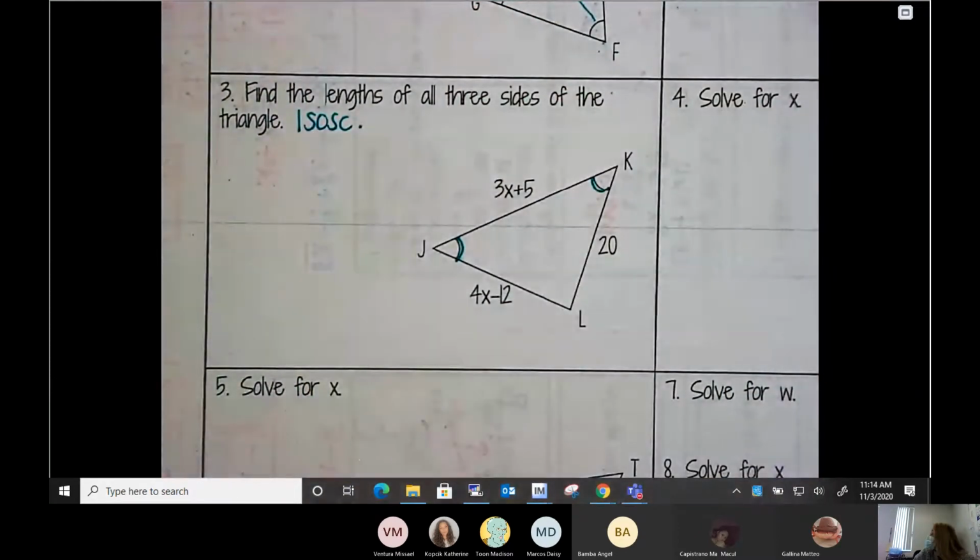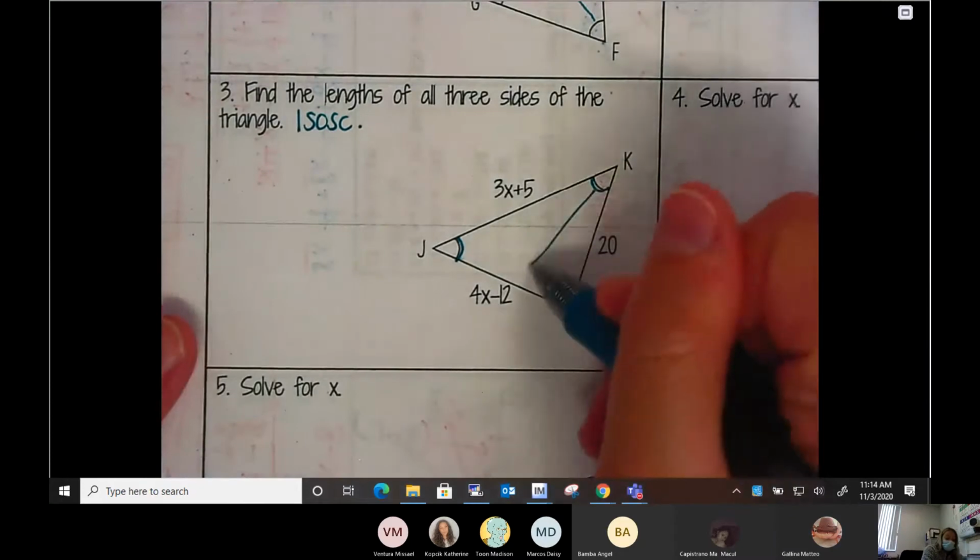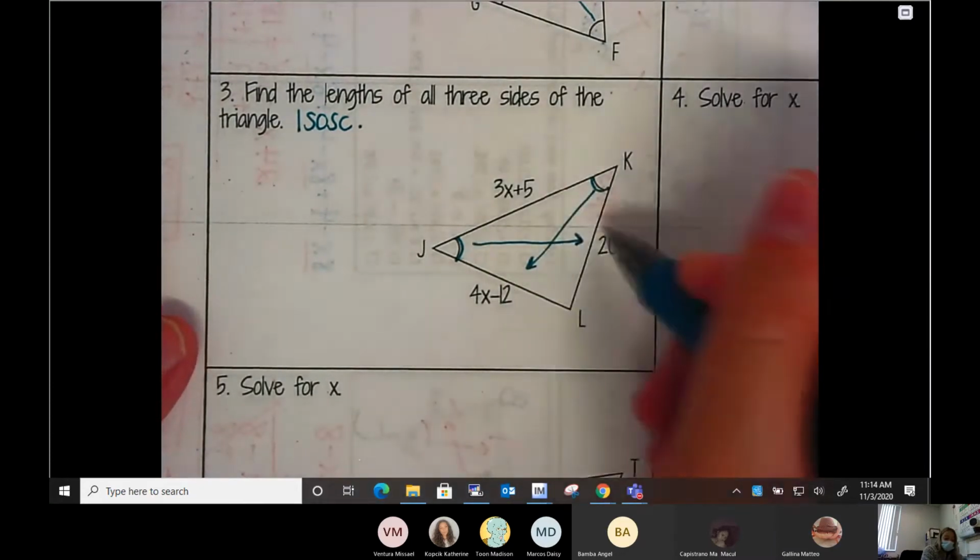All right, in an isosceles triangle, you have 2 angles that are the same and 2 sides that are the same. Which 2 sides, be very careful, are the same? JL and KL. Very good. So the 2 sides across from the angles.